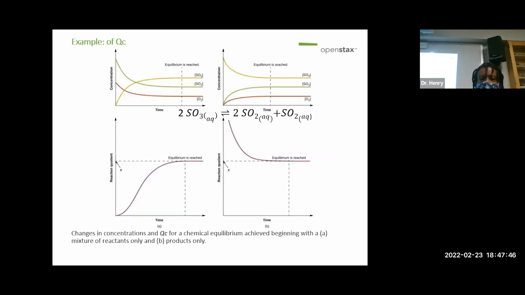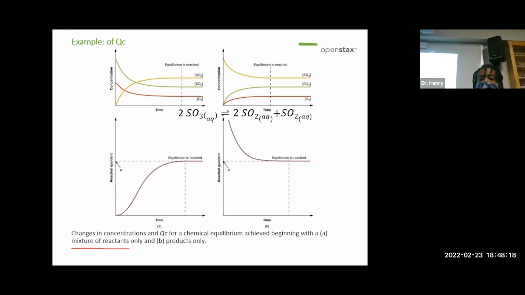So this is basically showing us that if we have a mixture where we have only the reactant, so here's our chemical equation, at the starting point, then over time, until we reach equilibrium, we're going to have an increase and we're going to have a decrease.